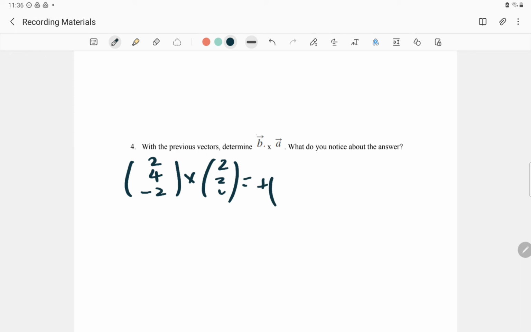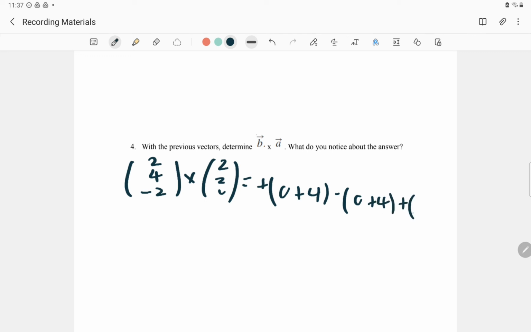You overlook the first row. 0 times 4, you get 0. 2 times negative 2, you get negative 4. Minus negative 4, you get positive 4. Minus, overlooking the second row, 2 times 0, you get 0. And 2 times negative 2, you get negative 4. And minus negative 4, you get positive 4.